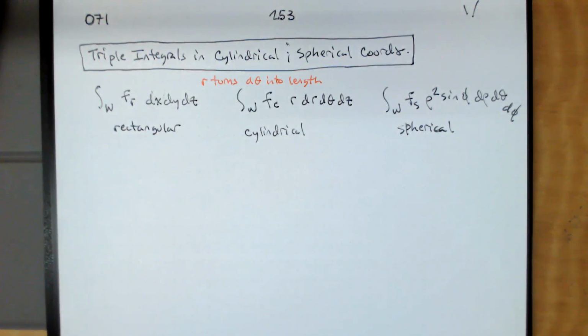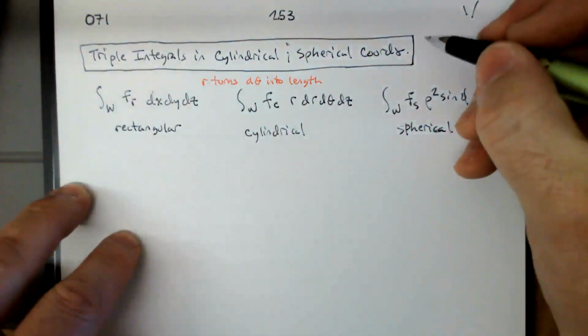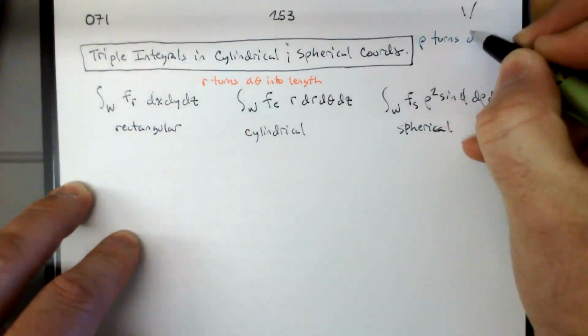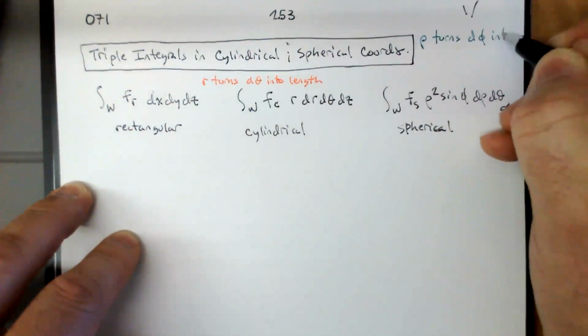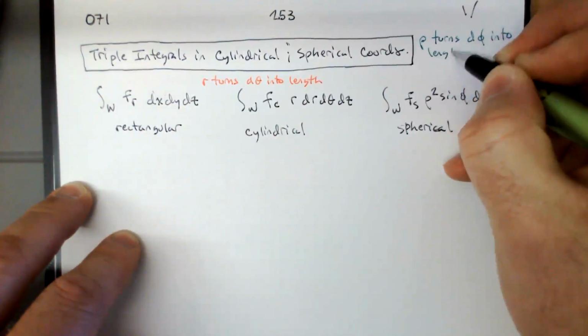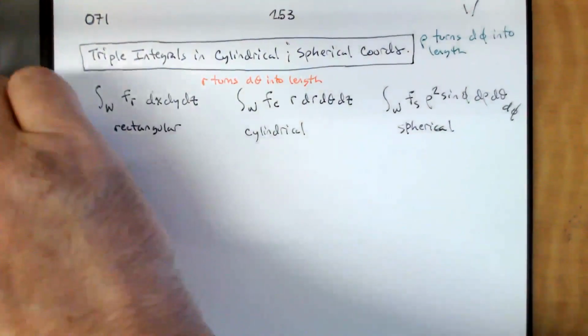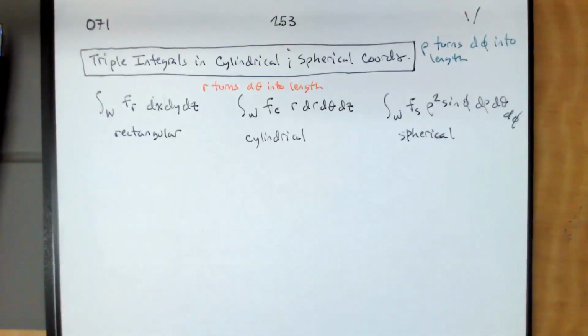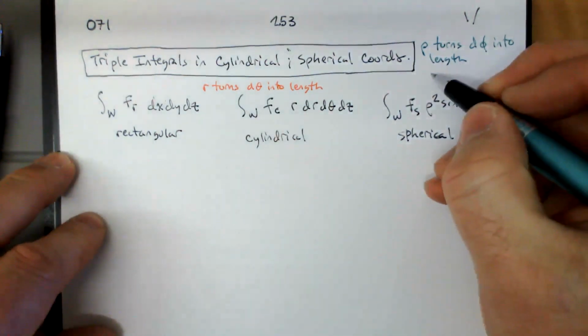Rho turns d phi into a length, and rho sine phi turns d theta into a length.